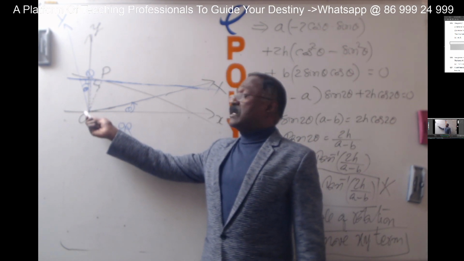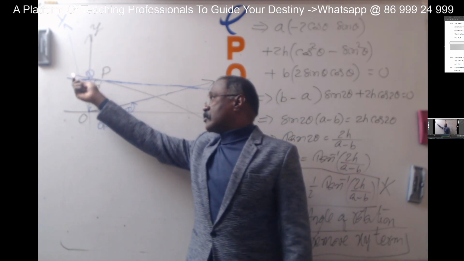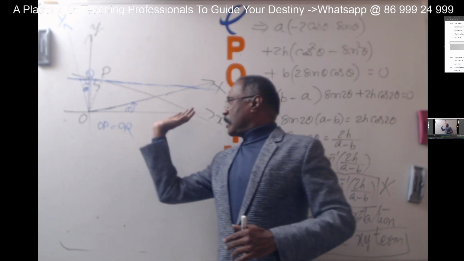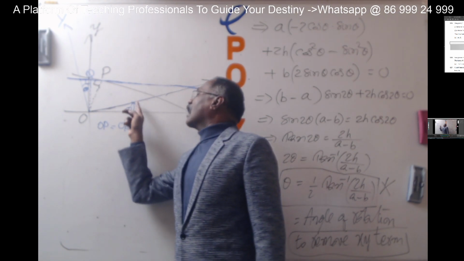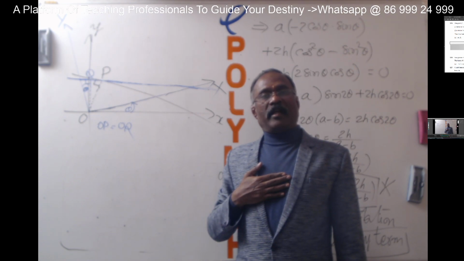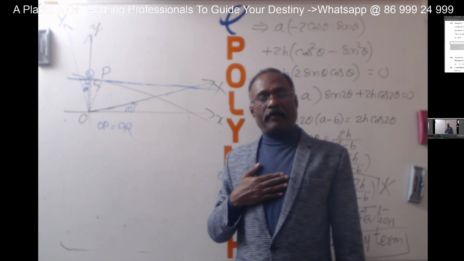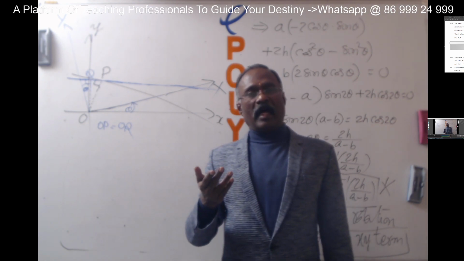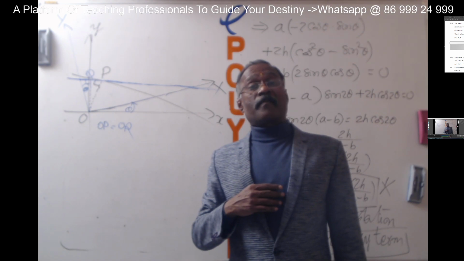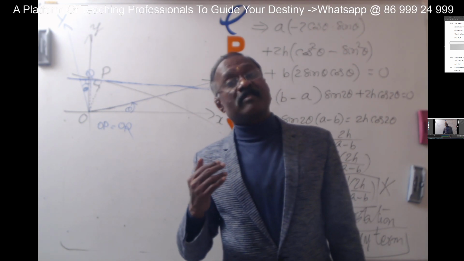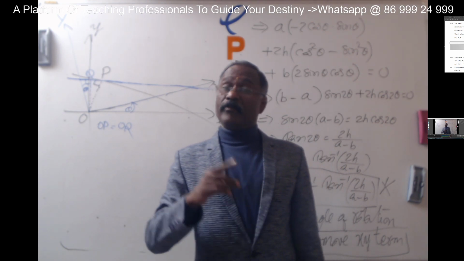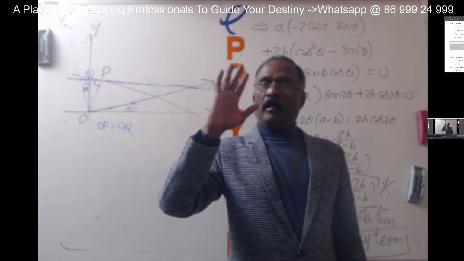The perpendicular distance from the origin to a line remains the same even if the axes are rotated through some angle theta. So the perpendicular distance from the origin to a line with respect to the original axis and with respect to the new axis after the rotation of angle theta remains the same. This is an important property to be remembered.